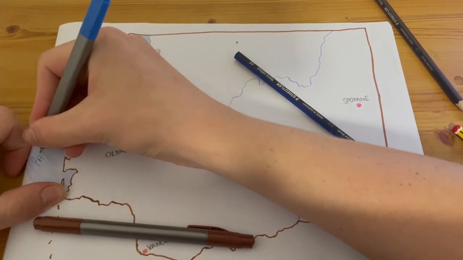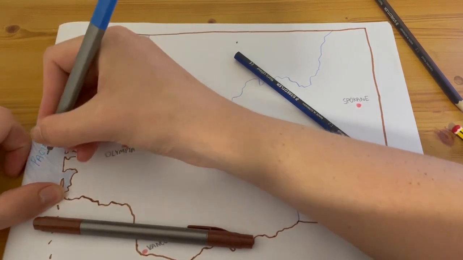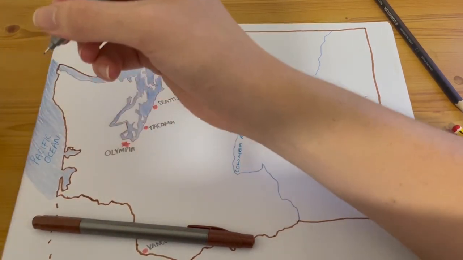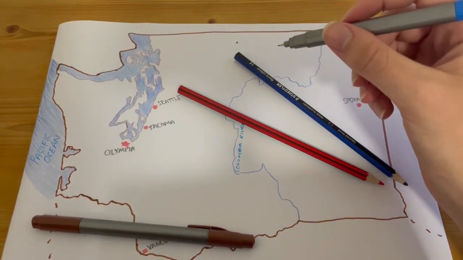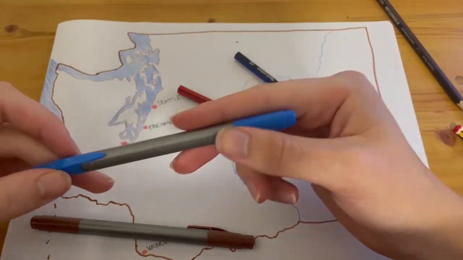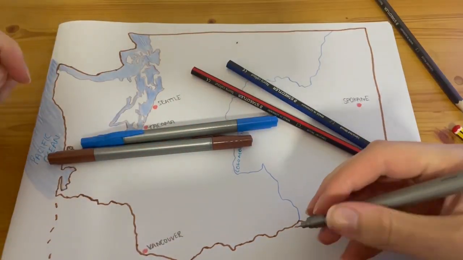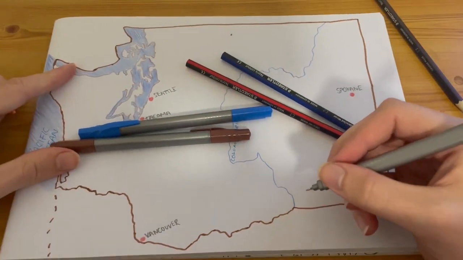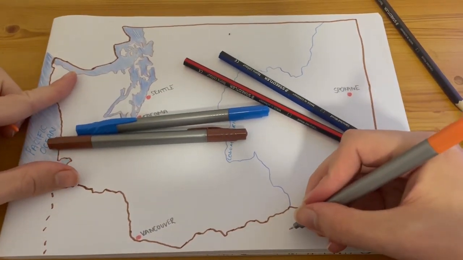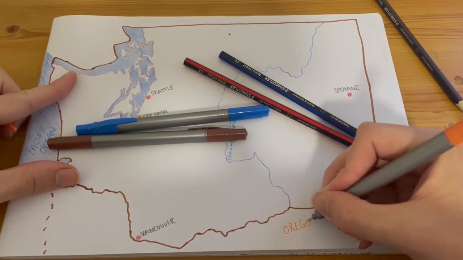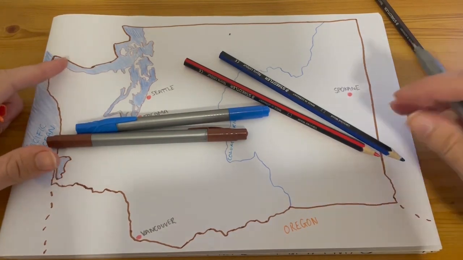of course, because we're on the west coast of the United States here, we have the Pacific Ocean here. And then I'm going to take my orange and let's get this back in frame. We have the state of Oregon, which is on my radar to do a map of, so don't worry about that.